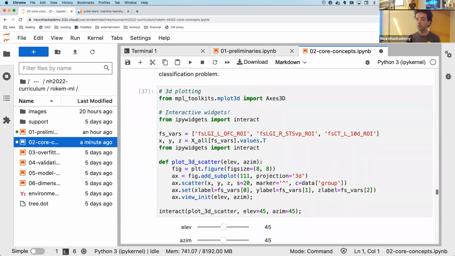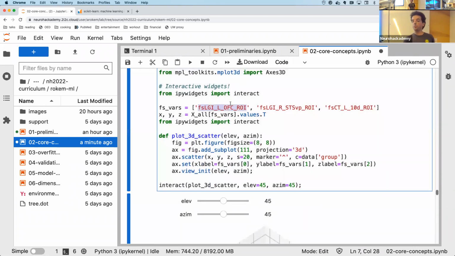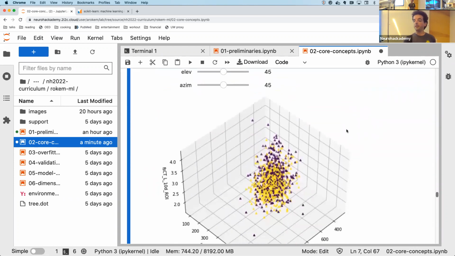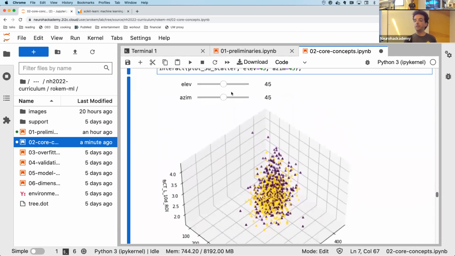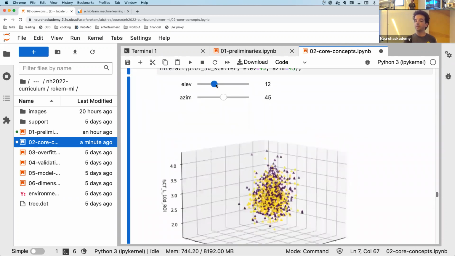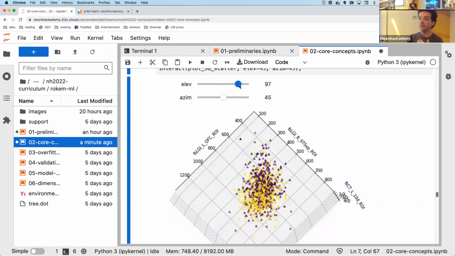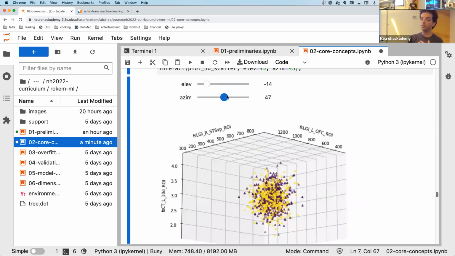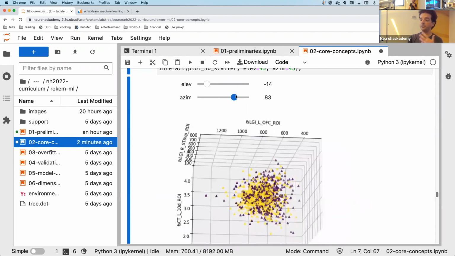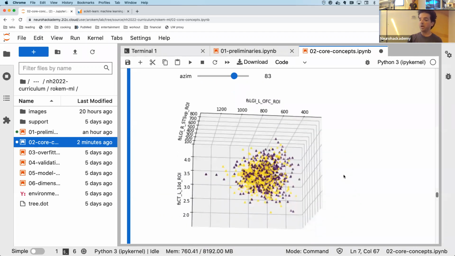So here we've selected 3 of the variables, and we're plotting all our individuals on a three-dimensional plot. This is an interactive plot also. It's not really the focus of this tutorial, but you can put these three-dimensional plots into Jupyter notebooks that allow you then to rotate and look around at these things.